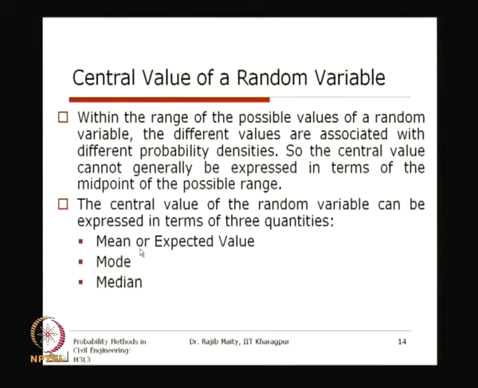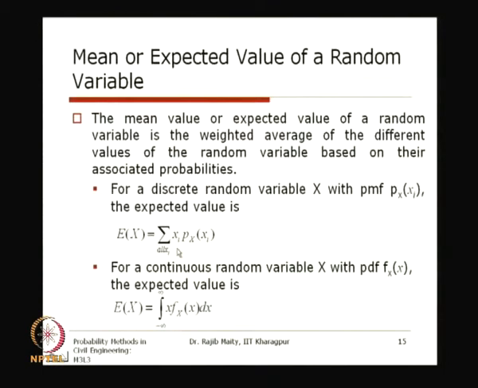So we'll see the mean first, which is the expected value of the random variable. The mean or expected value of a random variable is the weighted average of the different values of the random variable based on their associated probabilities. For a discrete random variable x with PMF p_x(x_i), the expected value E[X] is the sum of x_i multiplied by the associated probability.